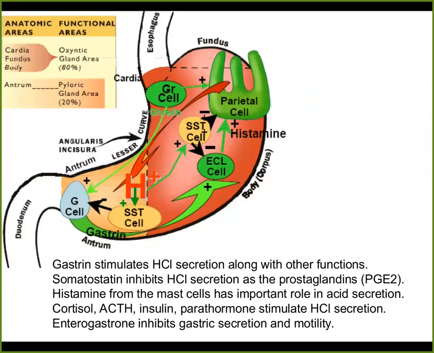And hormonal regulation is realized with the help of glands in the stomach. Previously, I told you about the APUD system, and this system realizes hormonal regulation in the stomach.